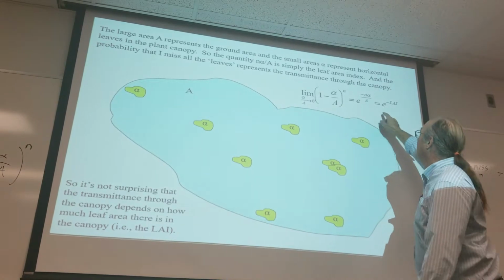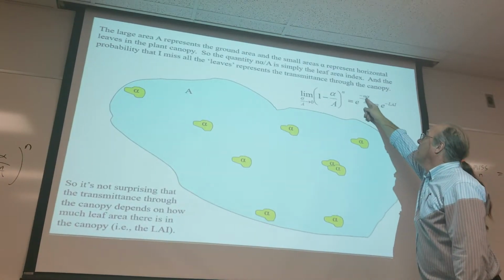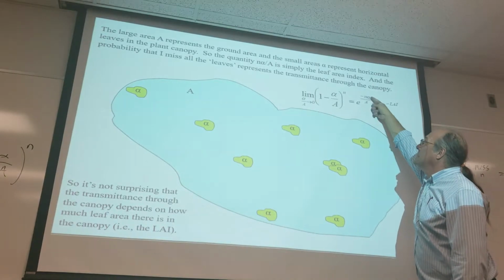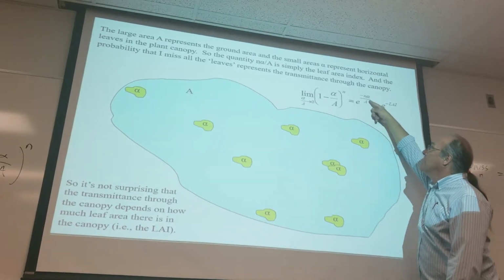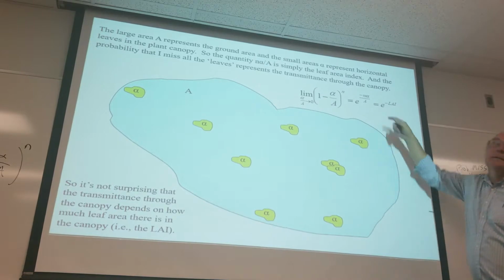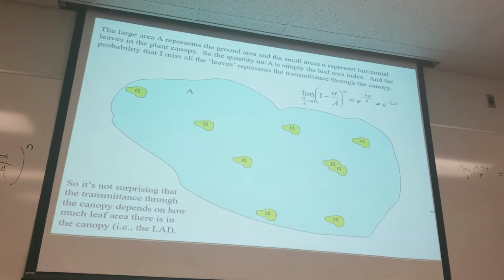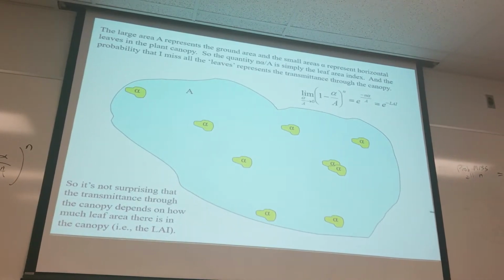This limit, n times each leaf area, divided by the ground area, is the leaf area index of this canopy. So the limit of this is the probability that I miss, e to the minus leaf area index.